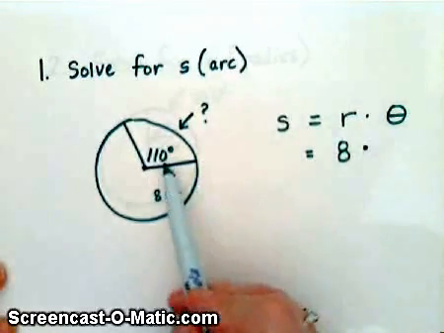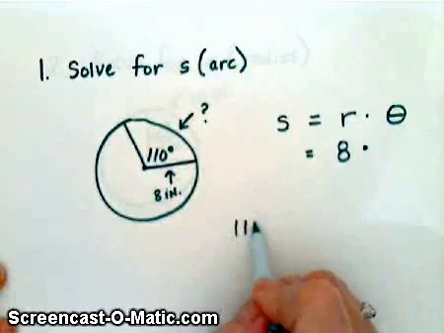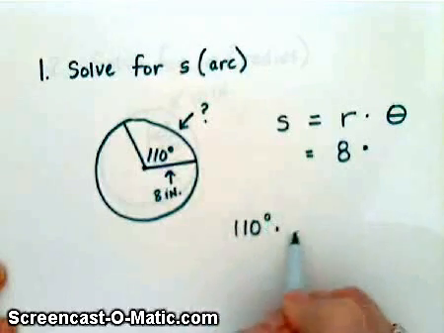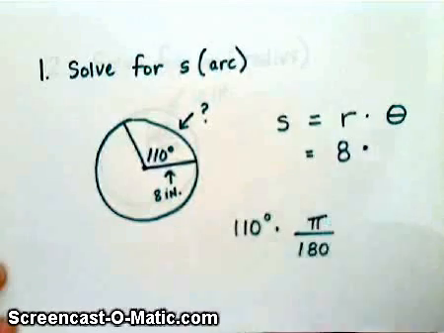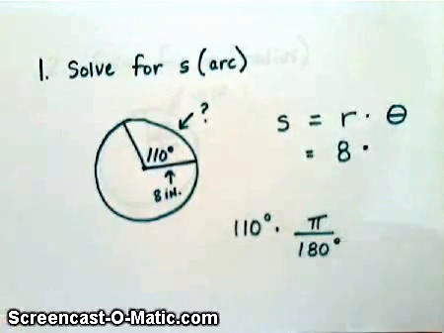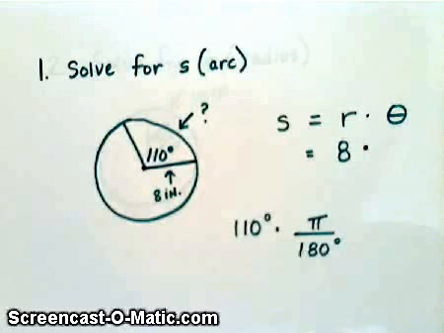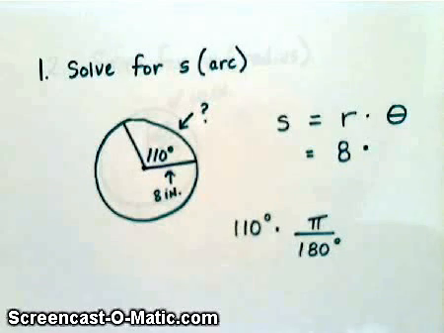Now our theta is 110 degrees, but as I told you, you've got to have your angle measured in radians. So this is the formula we discussed today in class. 110 degrees, we need to turn it into radians. So we're going to say 110 times pi, and then we're going to divide that by 180.